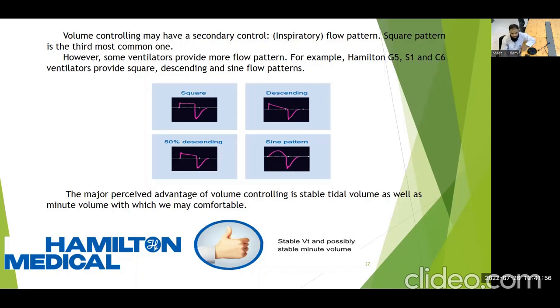So I want to discuss that the normal tidal volume is 6 to 8 ml per kg of ideal body weight. Yes, ideal body weight, not actual body weight, because the actual body weight may vary every time.